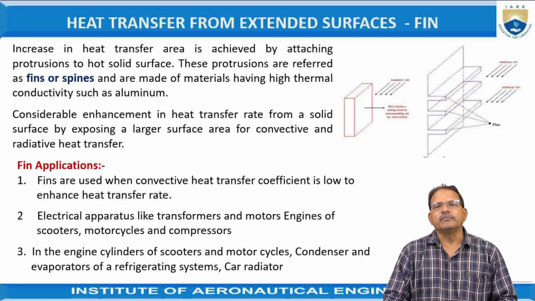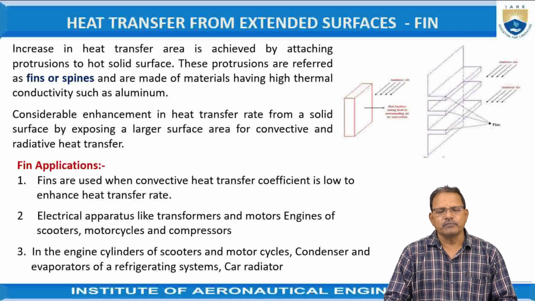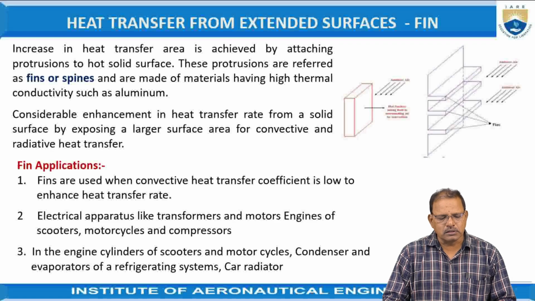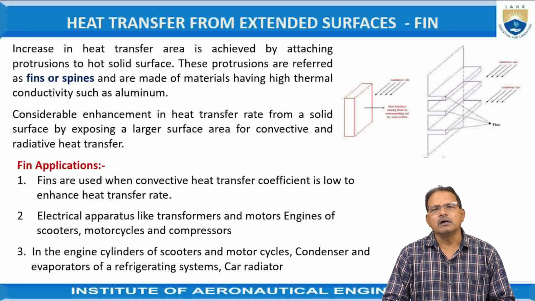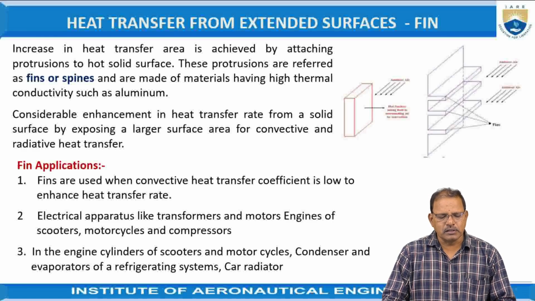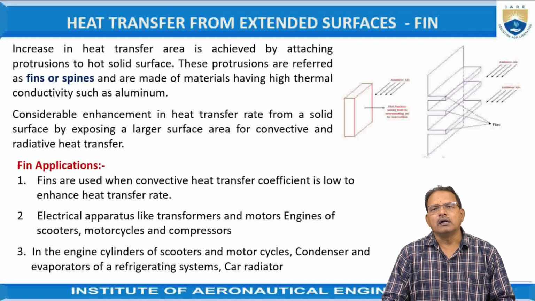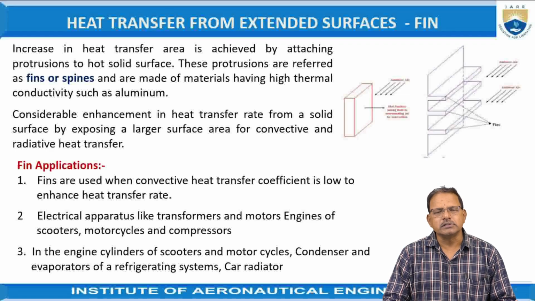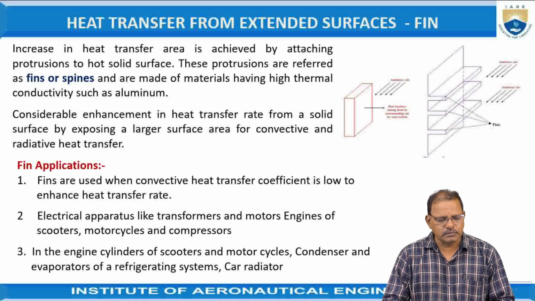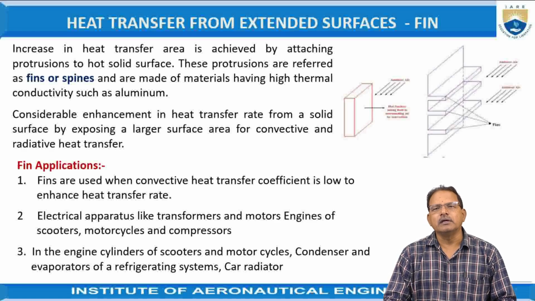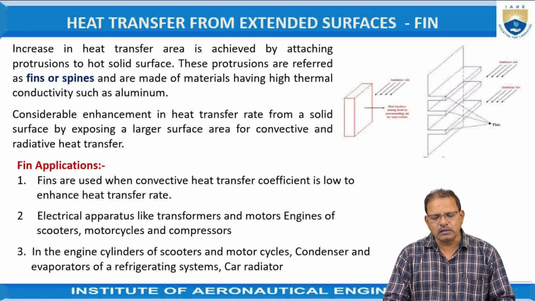This transfer area is increased by attaching certain protrusions to the hot surface. These protrusions are referred to as fins or sometimes pins, and are made of materials having high thermal conductivity such as aluminium. This gives a considerable enhancement in heat transfer rate from a solid surface by exposing a larger area for convective as well as radiative heat transfer.